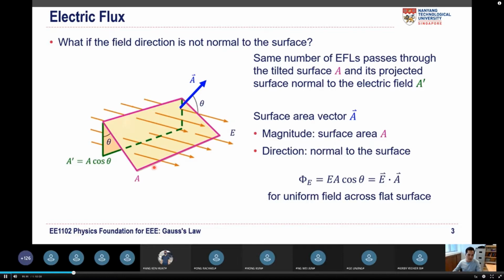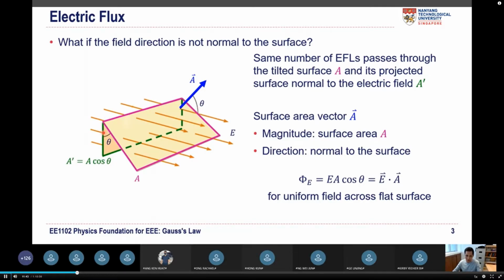This purple highlighted area is at an angle, not 90 degrees to the electric field. The flux should have exactly the same meaning. What flux should mean is that it should still calculate the total number of field lines that are passing through this area.